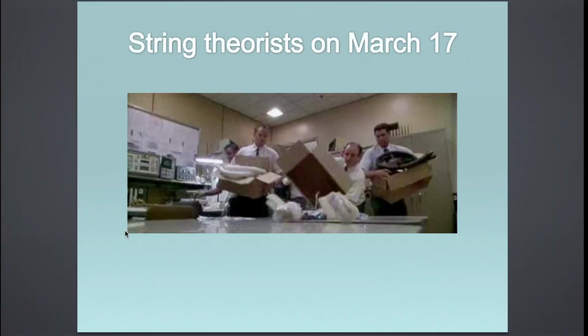The response of string theorists to the BICEP discovery was sort of like this. If you remember Apollo 13, there was an effort to pull out all of the tools we had and see what we could achieve based on an immediate and urgent target. Now, many of us, of course, have been thinking about inflation in string theory for quite some time.